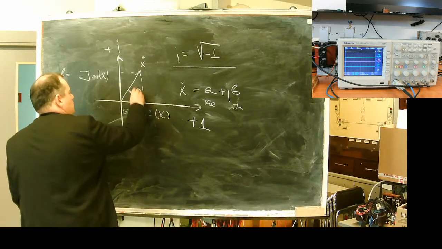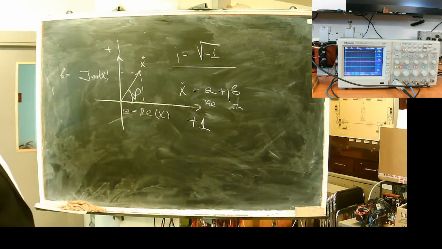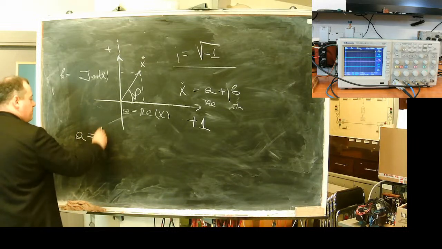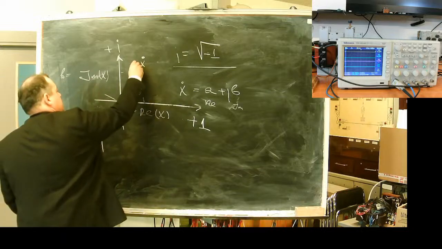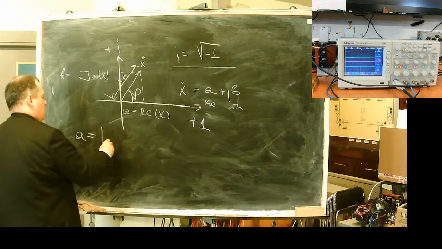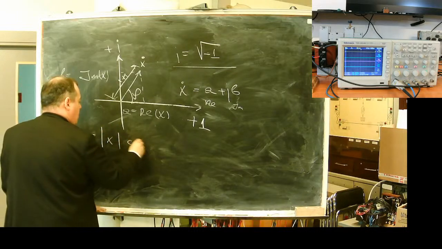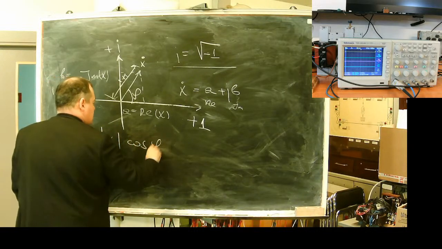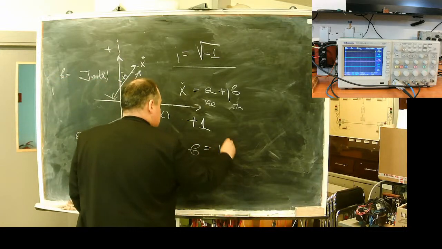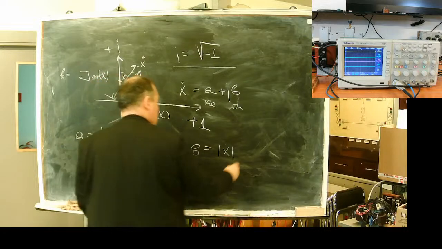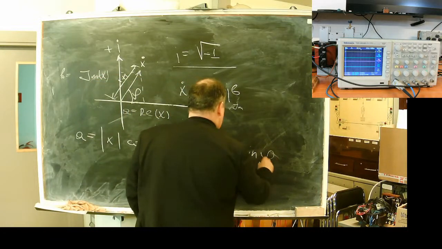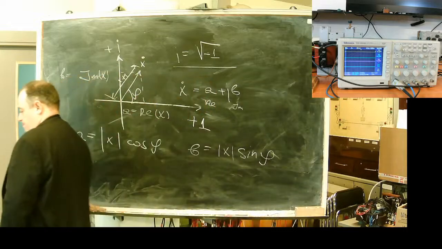Here I have an end. A will be the length of x multiplied by cosine of phi. And B will be the same length of x multiplied by sine of my angle phi.